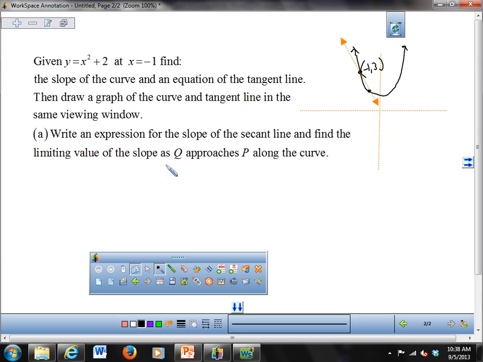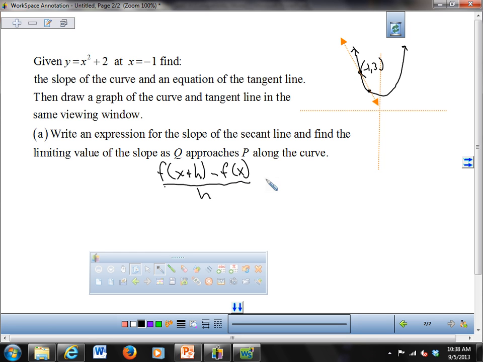So I'm going to write this, first we'll start with the general formula: f of x plus h minus f of x, over h.